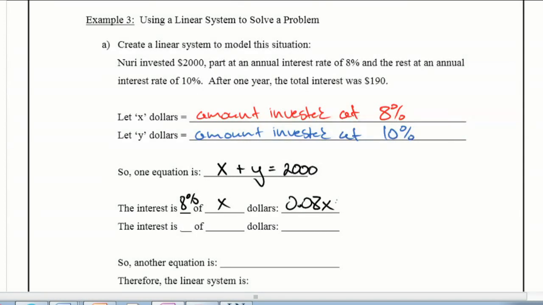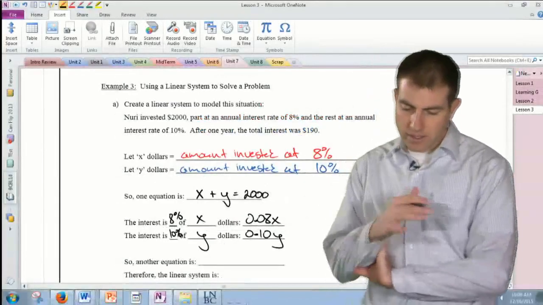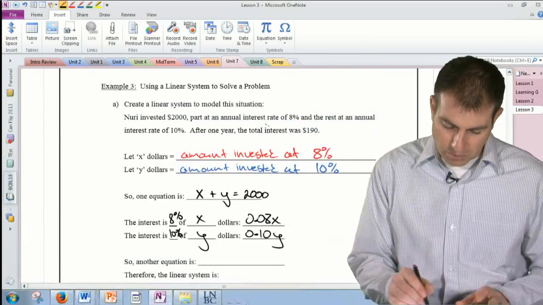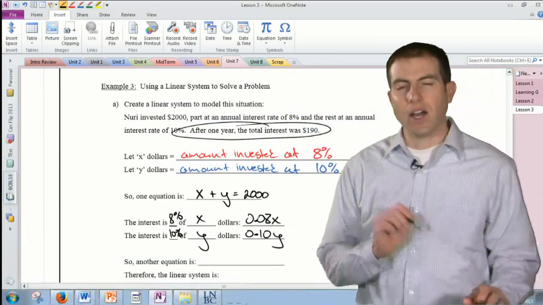So that's the amount we earned at 8%. If we took the interest rate of 8%, multiplied it by the number of dollars invested at 8%, that's going to give us that. Then we have this 10%, so we have y dollars, or 0.10 times y. So all we're doing is trying to take this second piece of information here. We've earned $190.